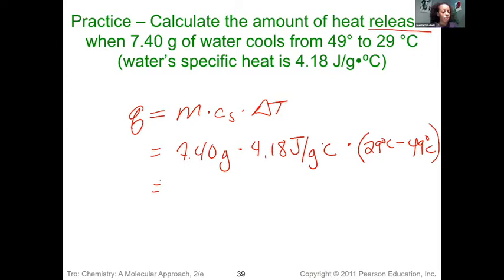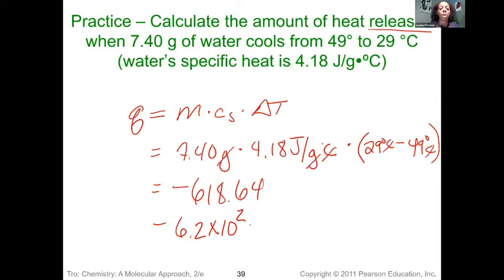We have negative 20 times 4.18 times 7.4, and that will give us negative 618.64, or with proper sig figs, negative 6.2 times 10 to the second. And again, our units are going to come out as expected energy units of joules. Okay, check your answers.